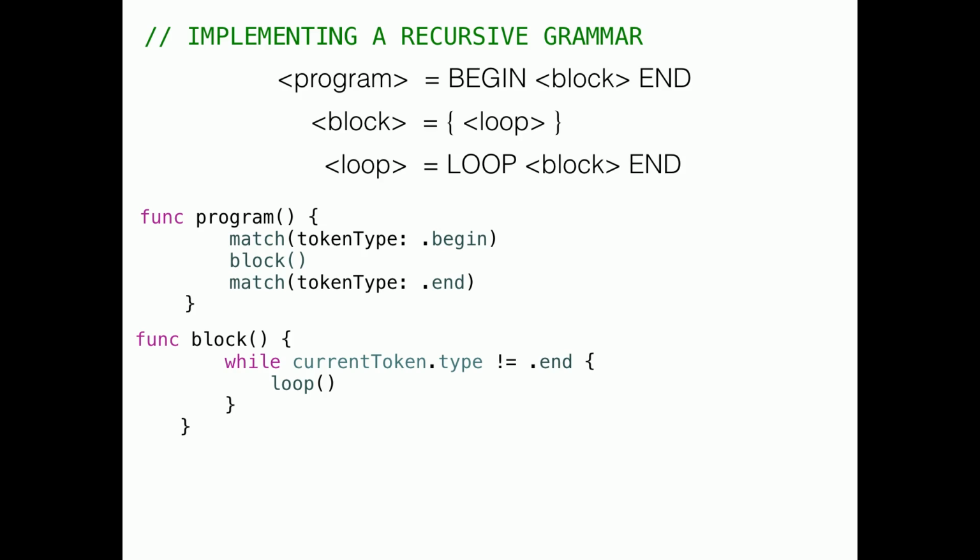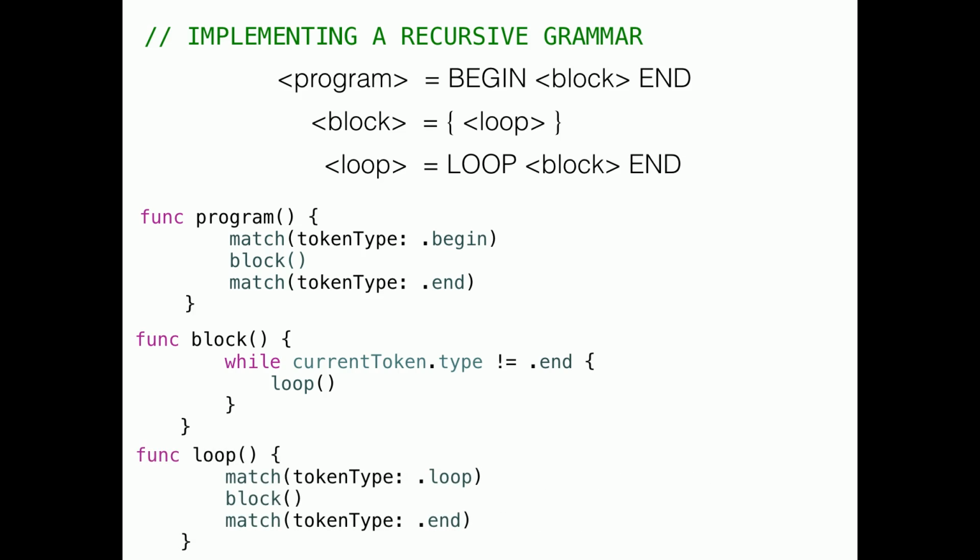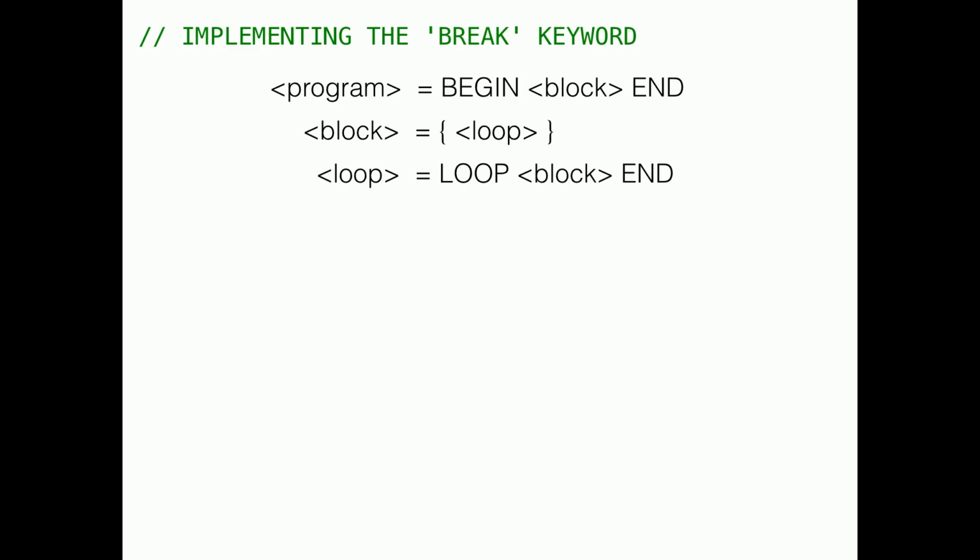So until our block function sees an end token, it's just going to keep parsing loops, because loops are the only other valid statement that we have in our language right now. Then our loop parsing function is going to match the loop keyword, parse a block, and match the end keyword. Believe it or not, this is a fully functioning recursive descent parser for this little subset of the Bitsy language that we've defined so far. This works. Now let's expand it a little bit.